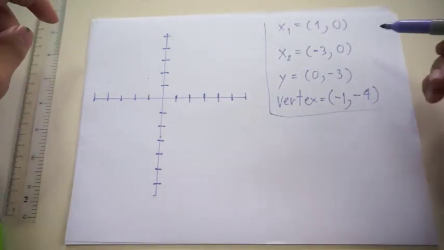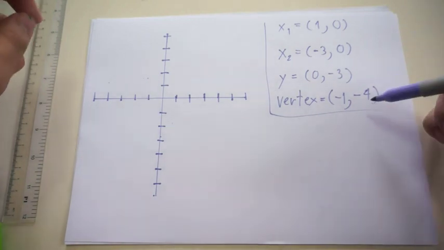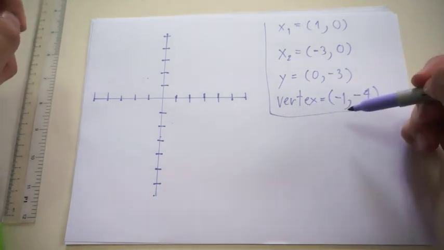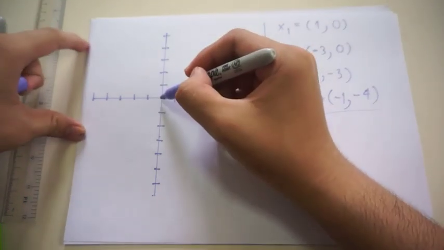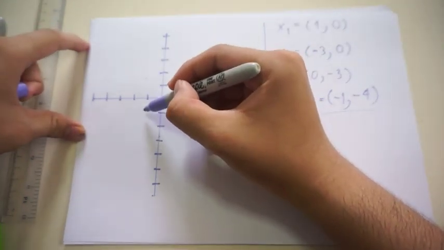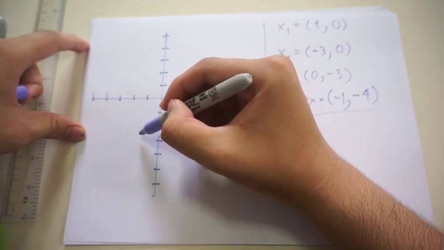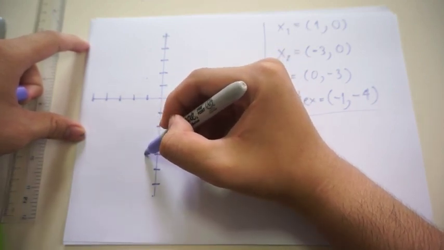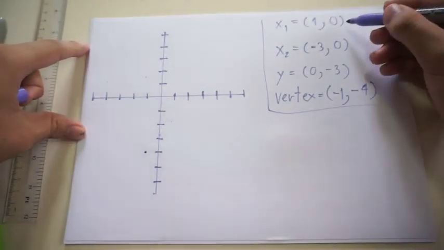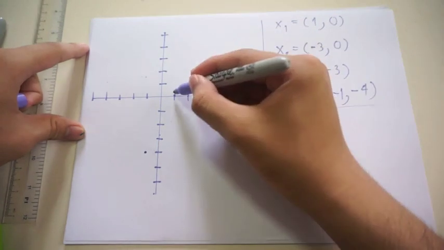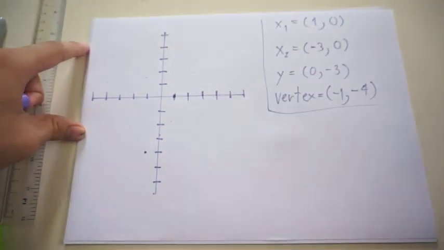How do we use this information? Well, simple. We'll start with the vertex, which is -1 and -4. We'll start from here, -1 and 1, 2, 3, 4, -4, right here. And then we'll use the first x-intercept, which is 1, right here.